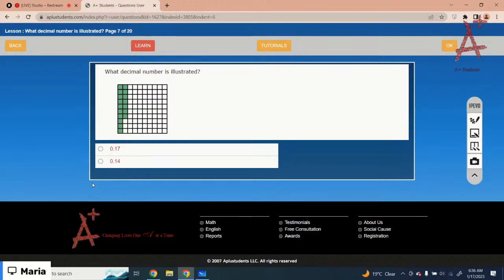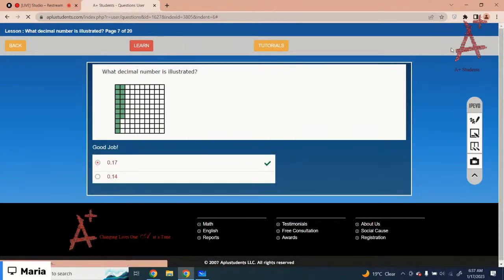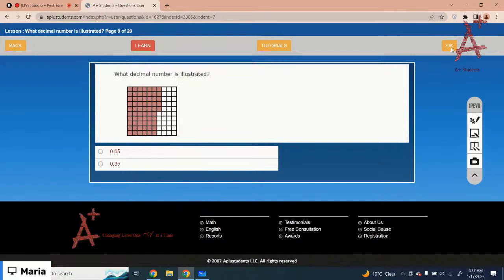That is 0.17. Got it? Okay, what decimal number is illustrated? That is 0.65. Got it?